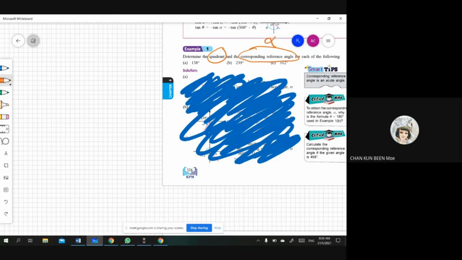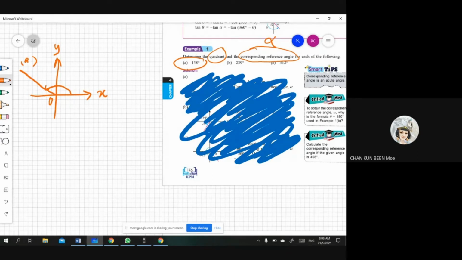Okay, so easy. If you look at A, 138 degrees is in which quadrant? You can already imagine 138 means that it moved from 0 to somewhere here, 138. Because the first quadrant is already 90 degrees, right? So this is X, this is Y, this is your origin.